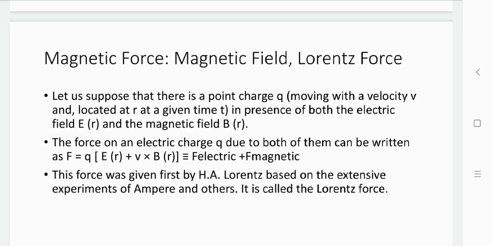This total force is given by Lorentz, based on experiments by Ampere, and is known as the Lorentz force.